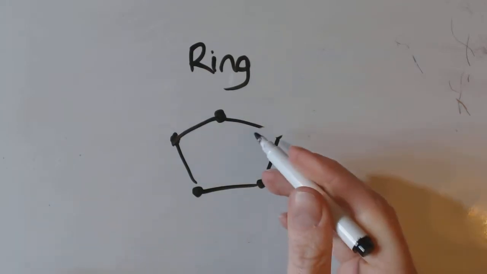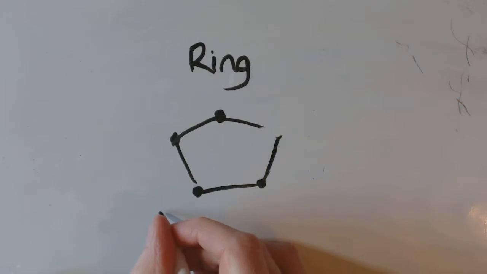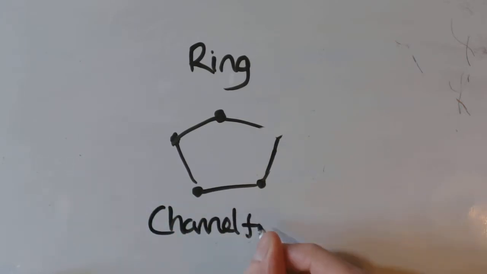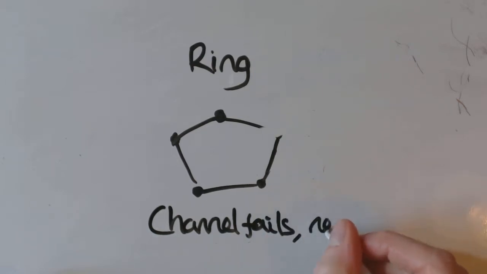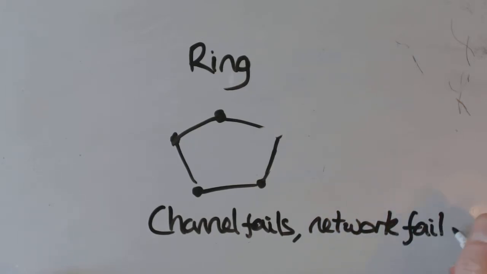So if there's a channel failure, that means there's a network failure. So this is the least robust of them all. And that's the ring network.